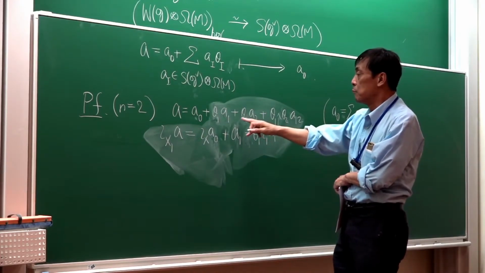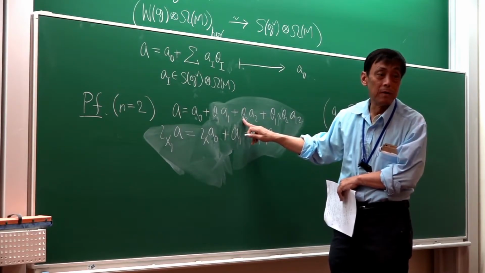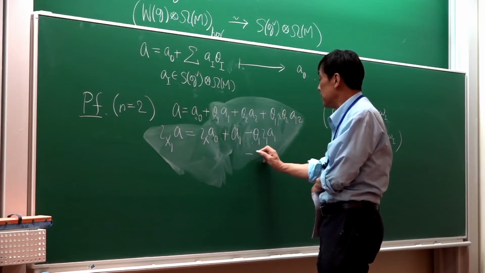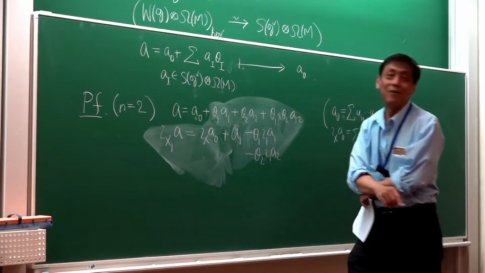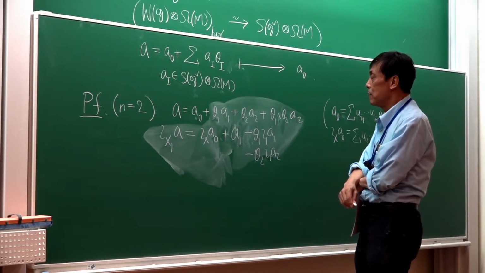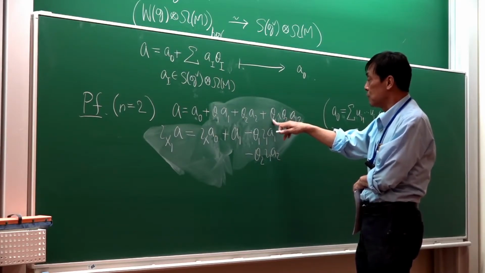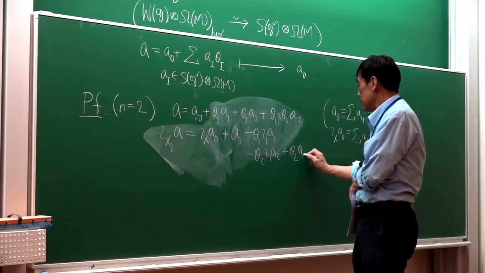And then I apply x1 to theta 2. I get 0. And then I have theta 2, minus theta 2, I1 A2. Okay. And then I apply x1 to theta 1, I get 1. So I get theta 2, A12.